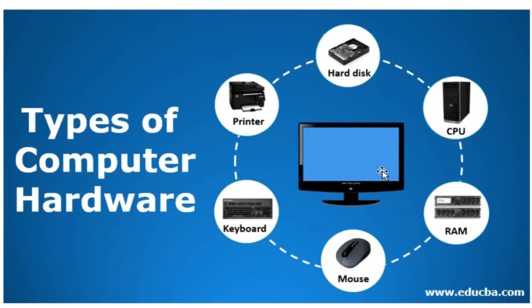But in this class we are going to see the commercial hardware devices which they use in businesses. The physical components of a computer system that we can see and touch are called hardware. Underline: which we can touch and see.